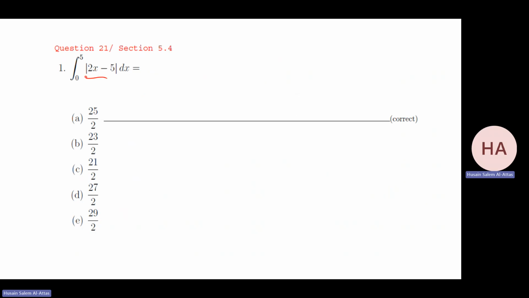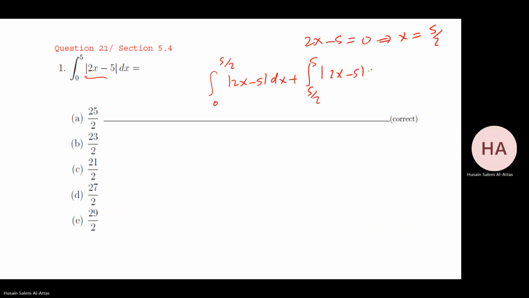Okay, I look at 2x minus 5. When this is 0, it implies x equals 5 over 2. So I split the integral from 0 to 5 over 2 and from 5 over 2 to 5. From 0 to 5 over 2, this is negative, and from 5 over 2 to 5 it is positive.